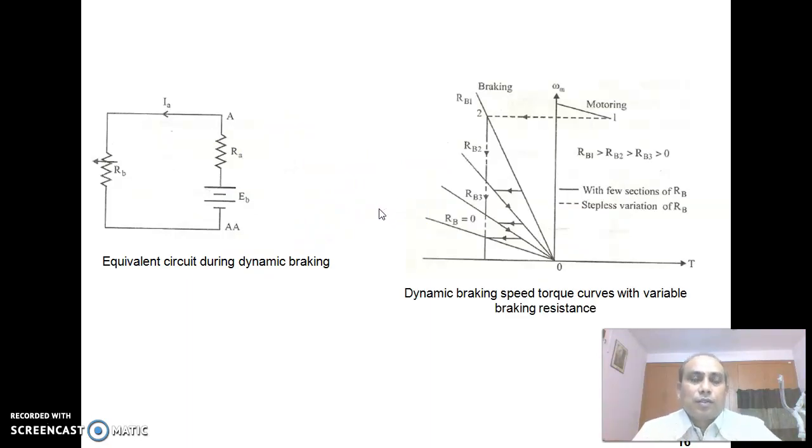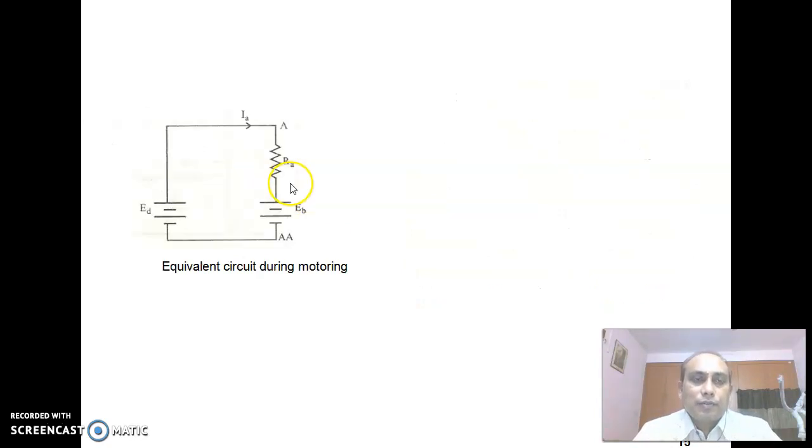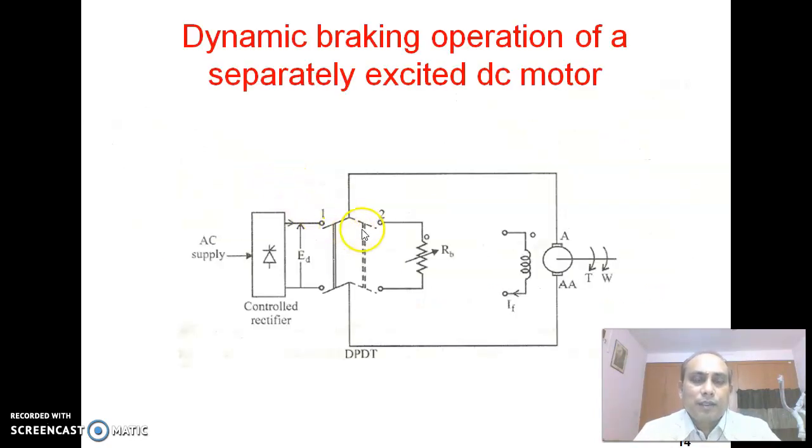To apply the braking, the DPDT switch is thrown to position 2. Now the path is through A, double A and RB.